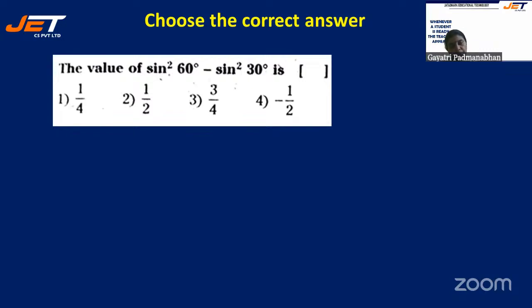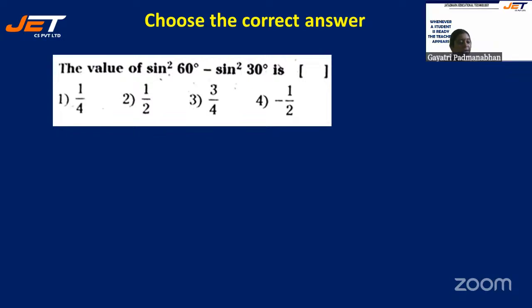So what is sine square 60 minus sine square 30? When you subtract these two, you get the answer. All right, 1 minute can be given to you students to solve this. It's very simple, just application of the formulas.